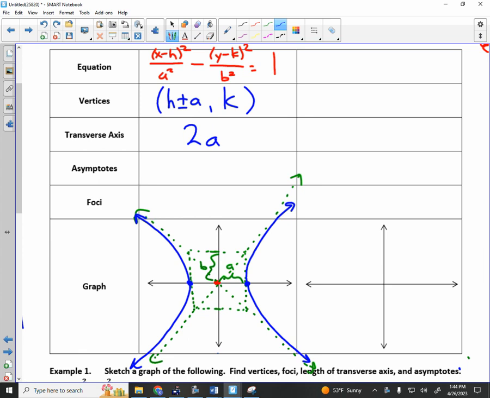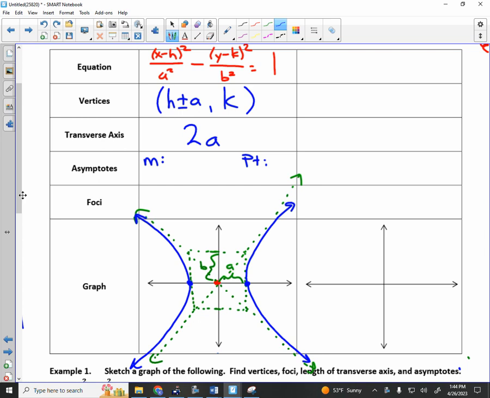The asymptotes. In order to write an equation for a line, you need two things: slope and a point. What is the point that the asymptotes are always going to travel through? Not the vertices, but the c that rhymes with enter. Center, yeah, it goes through the center.